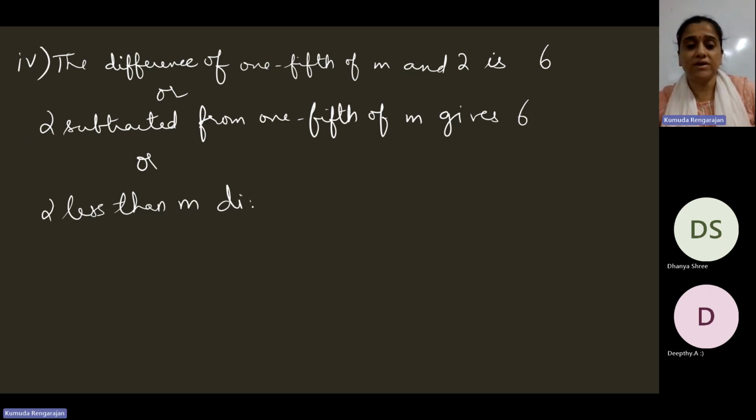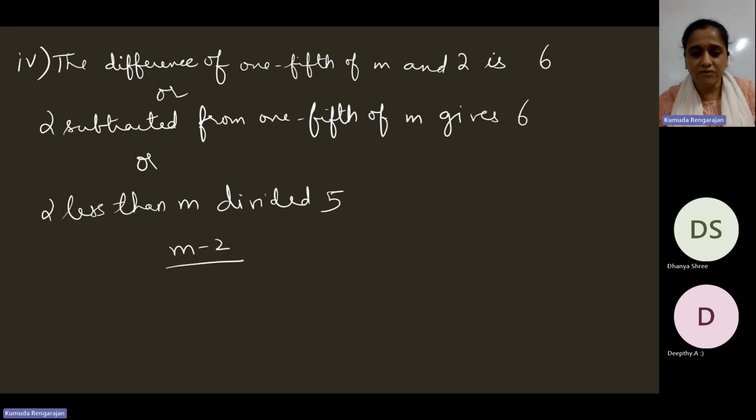If you write like this, it can be misinterpreted. 2 less than m means m minus 2, divided by 5, it gives this meaning.